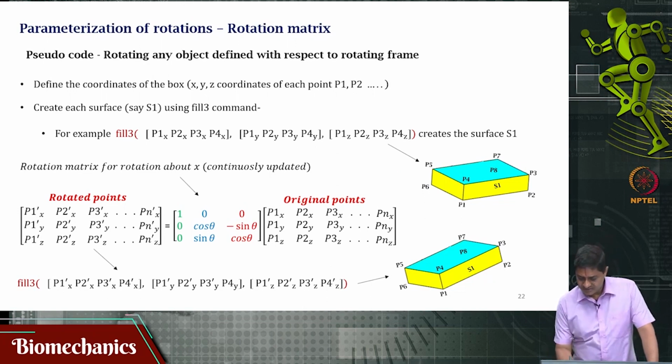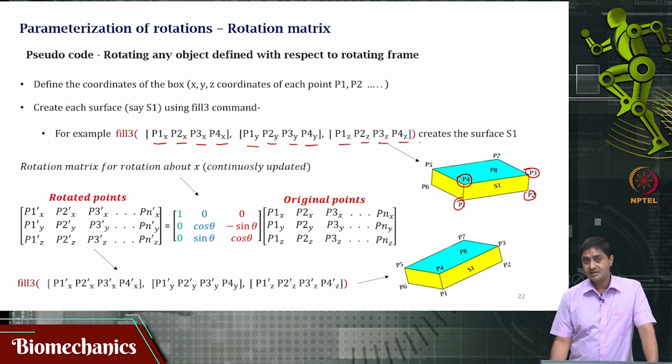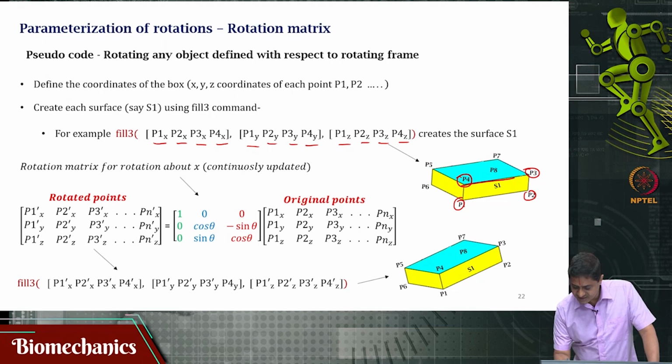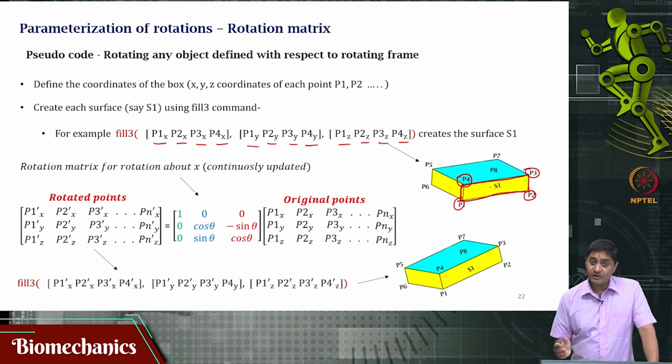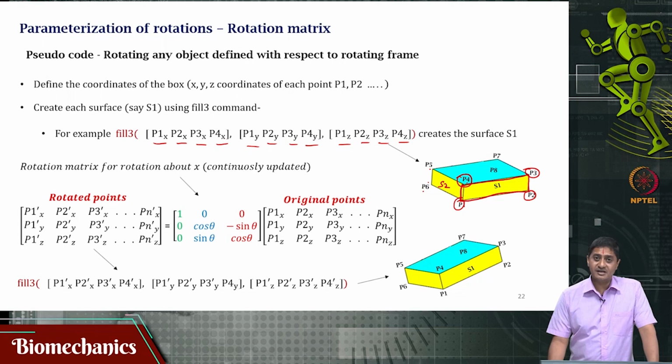For example, this is P1, P2, P3 and P4. Each of these has an x coordinate, y coordinate and z coordinate. So you define P1x, P2x, P3x, P4x, P1y, P2y, P3y, P4y, P1z, P2z, P3z, P4z. This creates that surface S1. Now, if I want to create the next surface S2, I say fill with P1, P4, P5 and P6 and their corresponding x, y and z components.